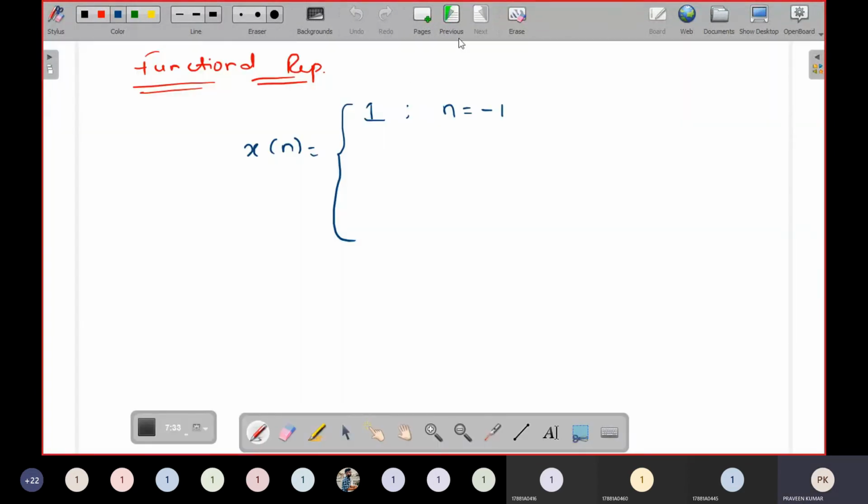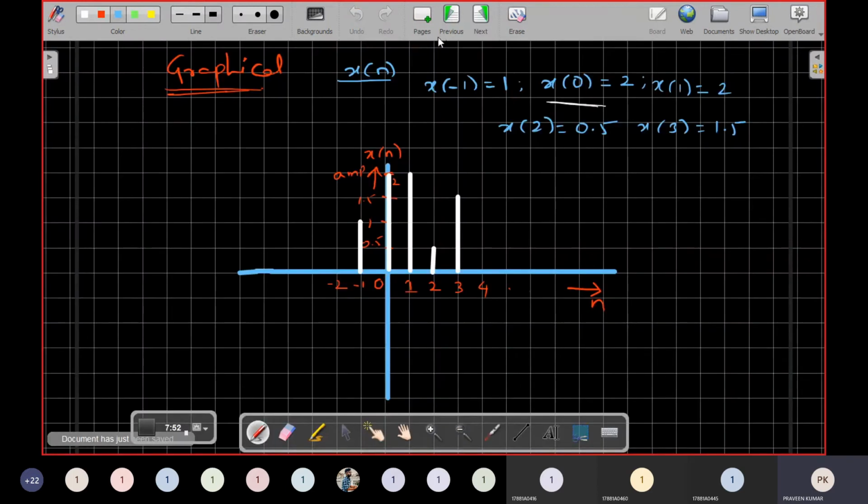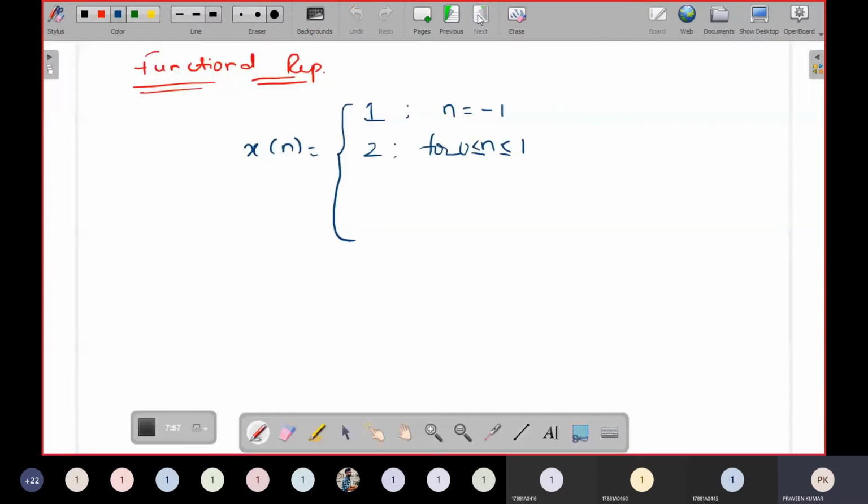The amplitude is 2 for these n values, and you can represent it in 2 ways: 0 is less than or equal to n is less than or equal to 1, so n is from 0 to 1. Next, the amplitude is 0.5 at n is equal to 2.